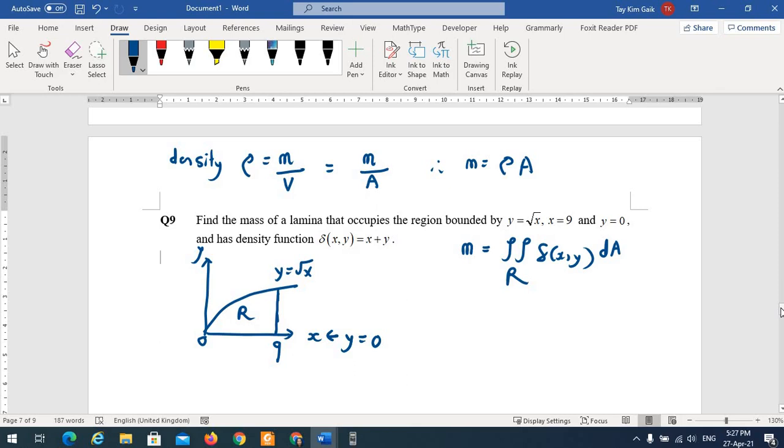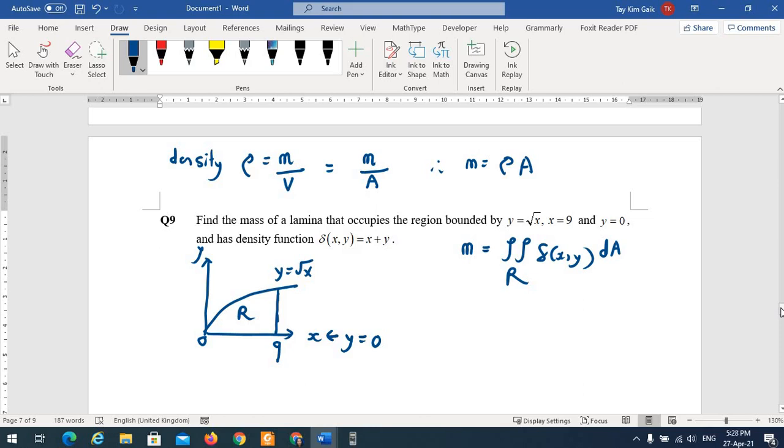Next week we are moving to triple integrals. We have dV, which is dz dy dx. And we can use polar coordinates in 3D, called cylindrical coordinates or spherical coordinates. So rho is used in spherical coordinates. That's why for the density function here we use delta.